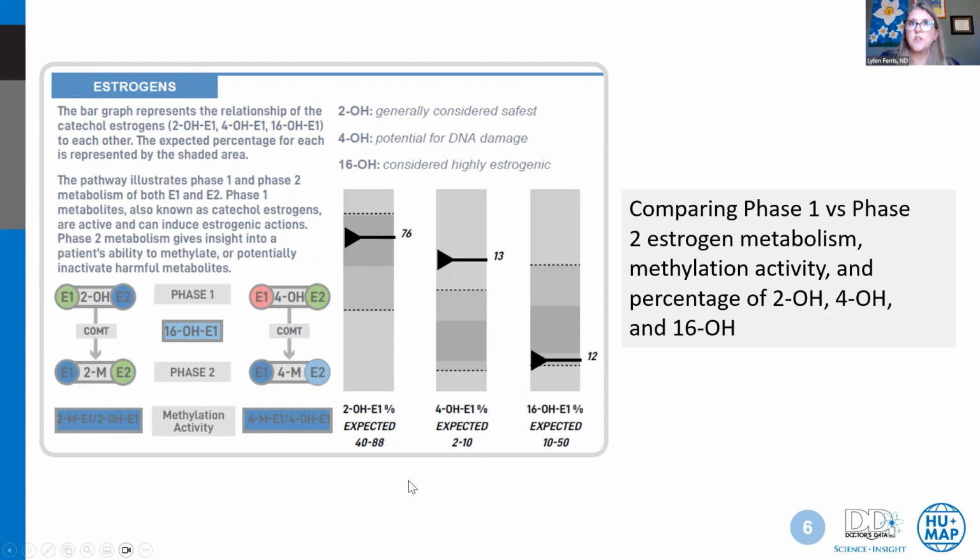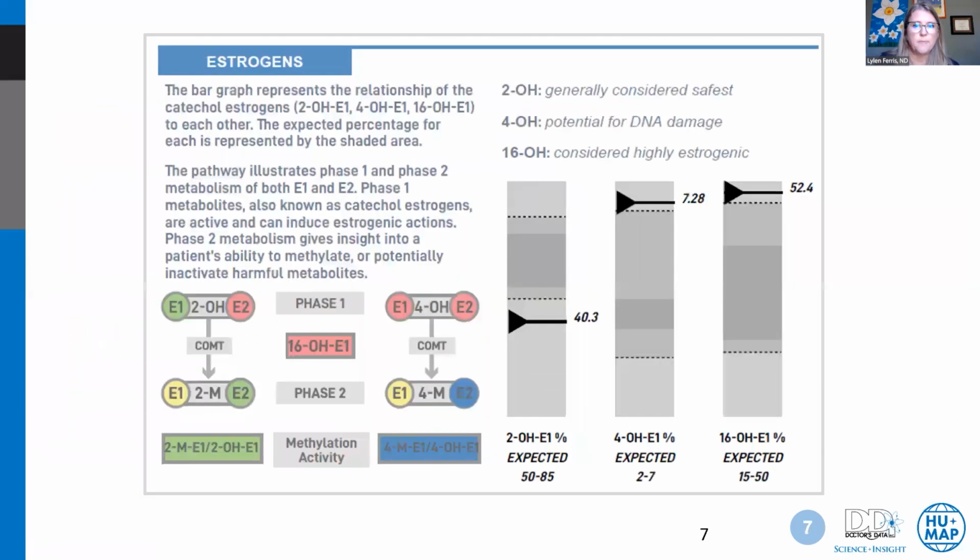They represent the relationship of the 2, 4, and 16-hydroxyestrone in relationship to each other, because we know that the 2-hydroxy metabolites are generally considered safest, while the 4 have the most potential for DNA damage, and 16-hydroxy metabolites are considered highly estrogenic. This information in the bar graphs is presented in grayscale because colors mean something on the HuMap.